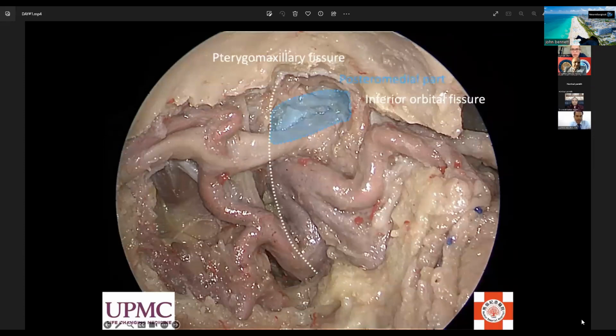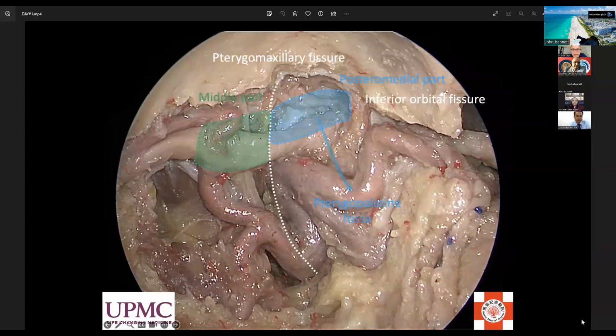According to the knowledge we just described, the posteromedial part of the inferior orbital fissure is from the maxillary strut to the pterygomaxillary fissure, and it connects the orbit with the pterygopalatine fossa.